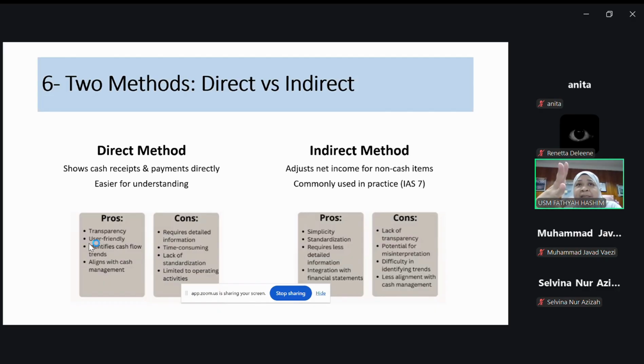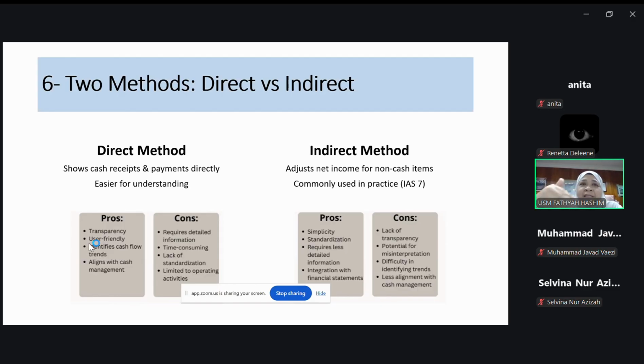However, in the indirect method, in the operating activity, we do not have the cash received from customers or cash paid to suppliers, but instead we will be using other statements like the income statement, starting from the net profit.